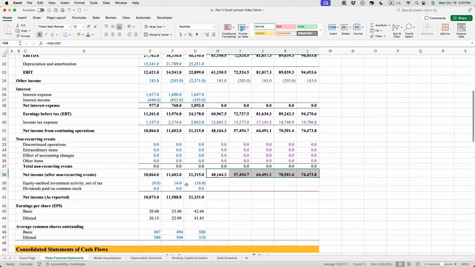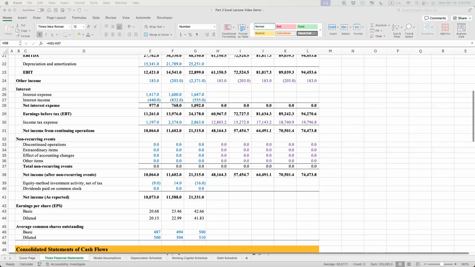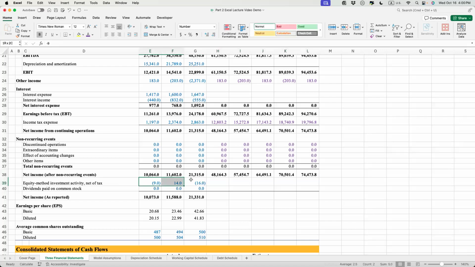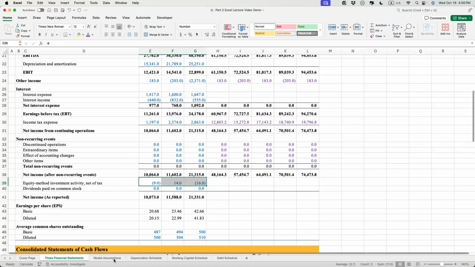Okay, and then we continue on to our equity method investment activity, net taxes. So that will be the same logic here. These are the returns or the expenses related to investment outside the core business. So we can do the 7 method, but since this is not really related to operations, it's really not going to affect our valuation at all in the later stage.